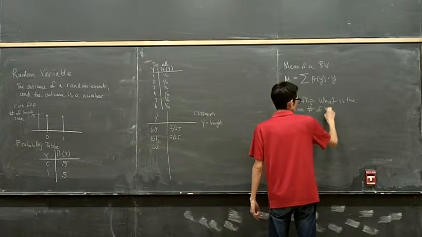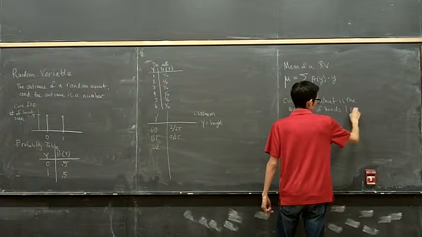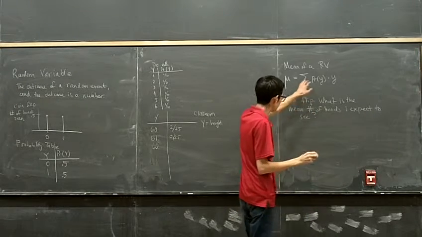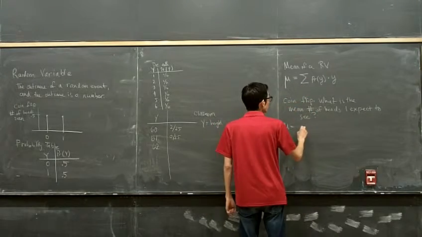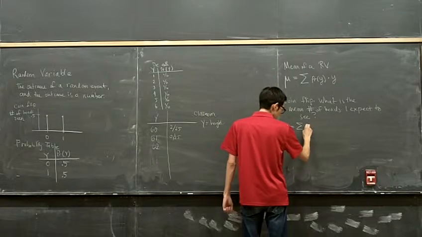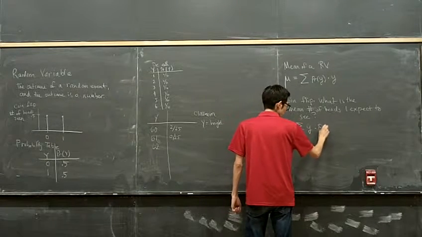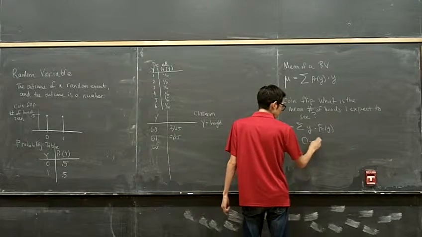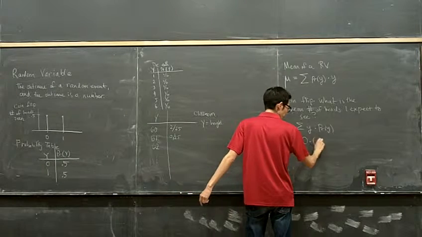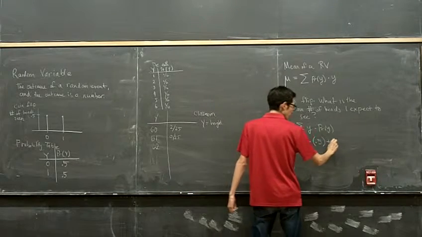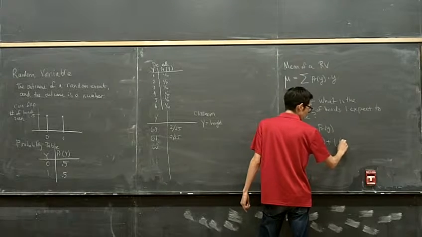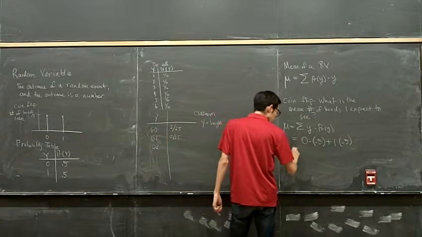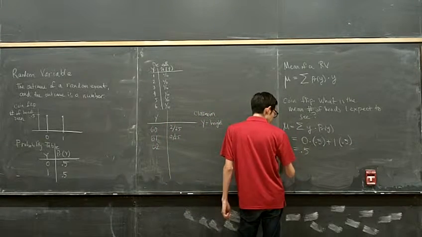Well, mu is equal to the sum of, I'll write it the way the book writes it, y times the probability of y, which in our case, y is 0, multiplied by the probability of getting 0, which is 0.5, plus y can also be 1, multiplied by the probability of getting 1, which is 0.5, and this equals 0.5.